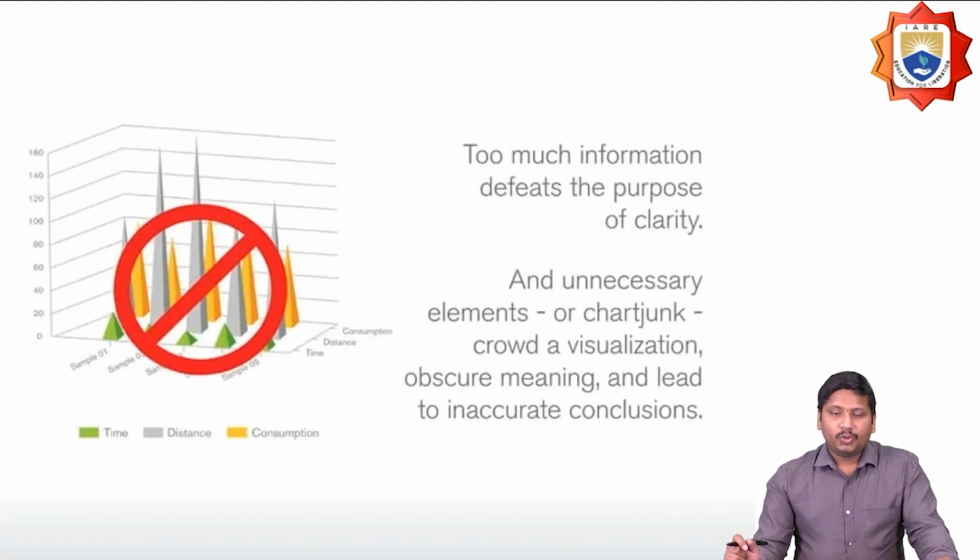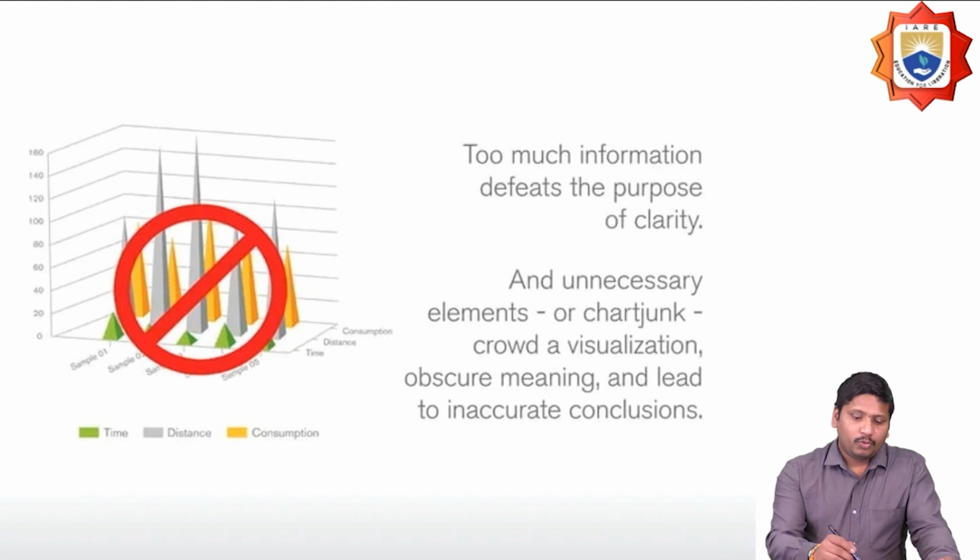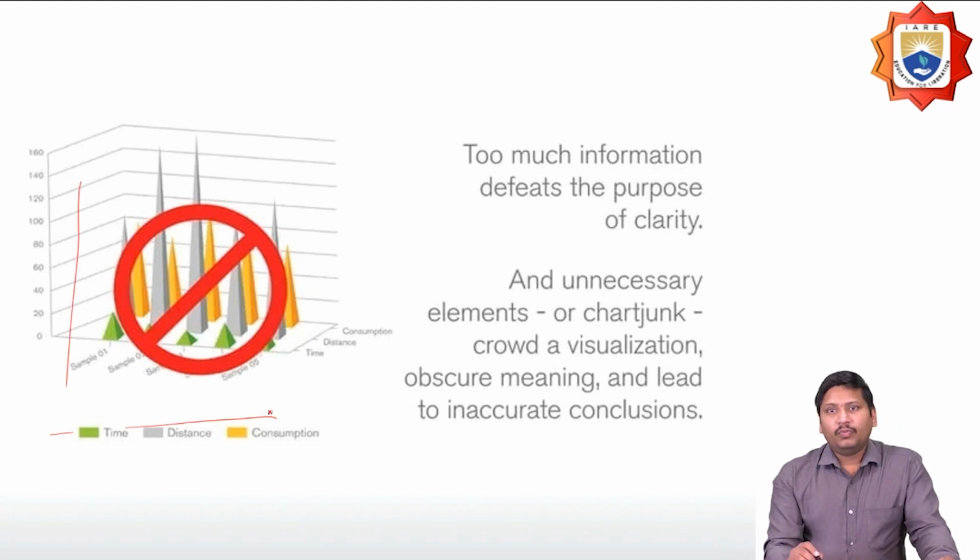So here what I have to do is that too much information defeats the purpose of clarity. If I show most of the information here, it will be difficult to understand. At the same time, we should not defeat the purpose of clarity with unnecessary elements or chart junk or covered-up visualization, which obscure meaning and may lead to inaccurate conclusions.